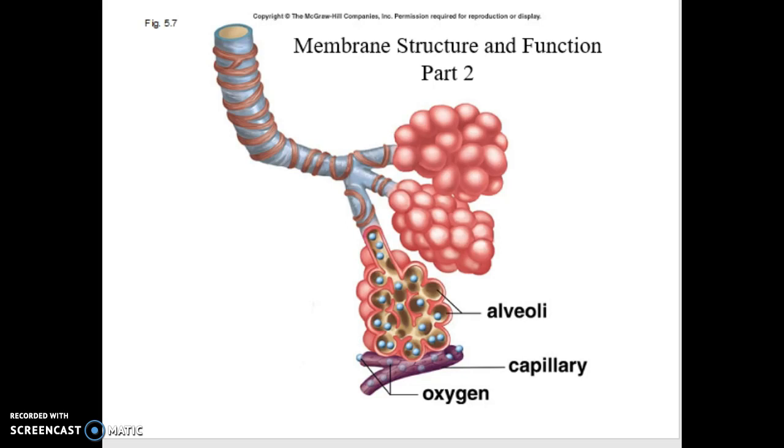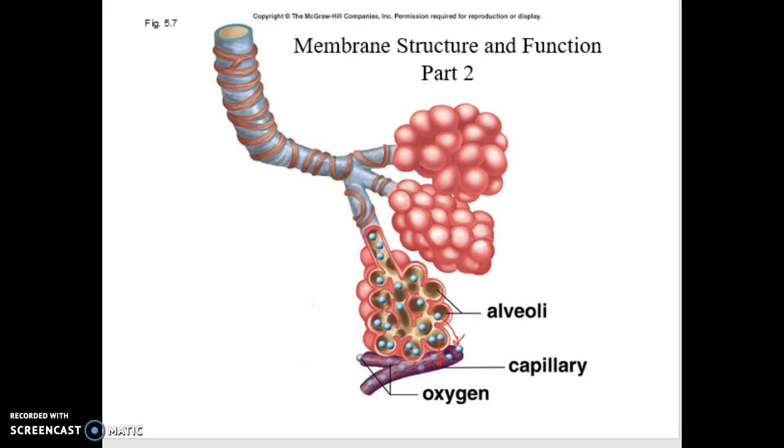So they diffuse through that membrane, through that tissue layer there, and wind up in the bloodstream where they get picked up by the red blood cells, and then they get carried throughout the body. Okay, so there's an example of diffusion. You don't have to think about it or do anything, it just happens.